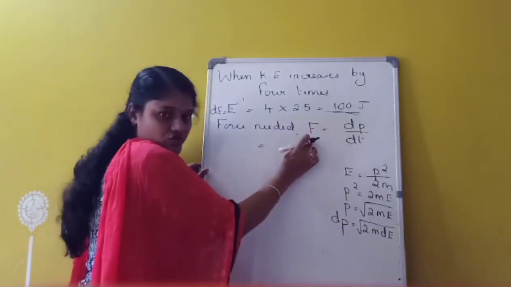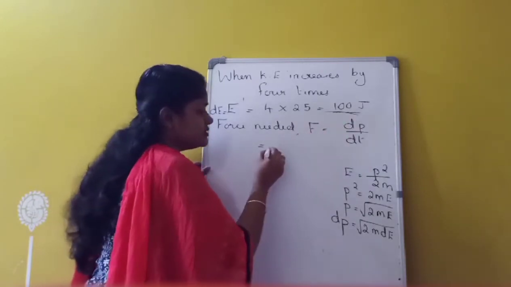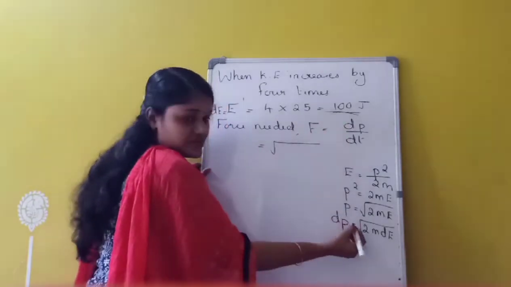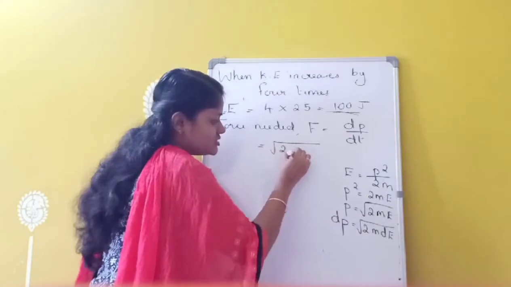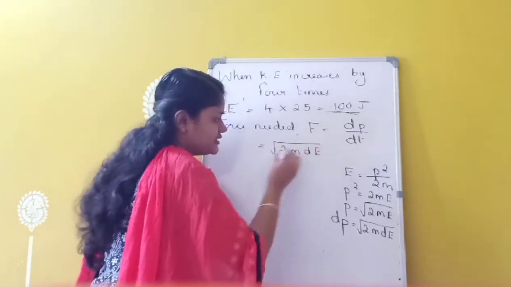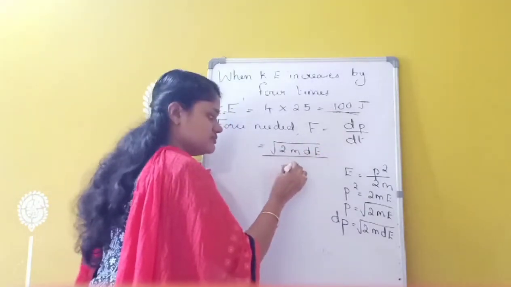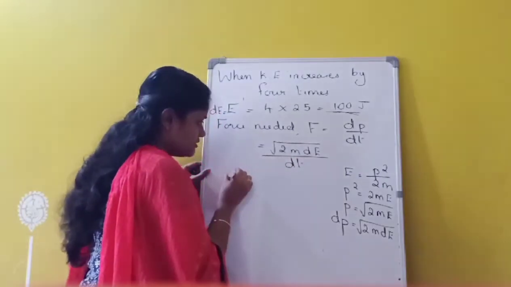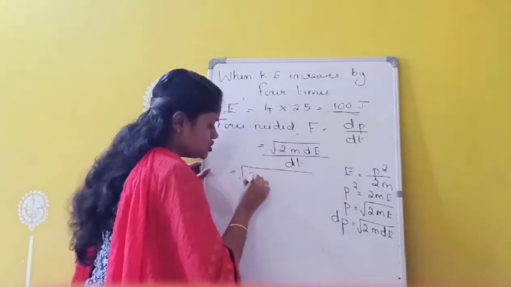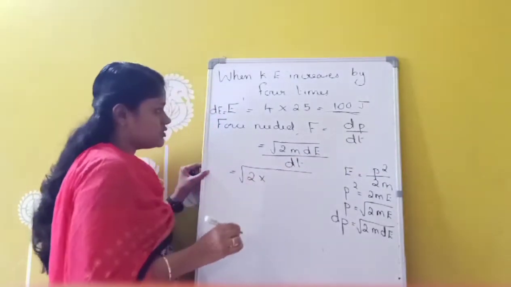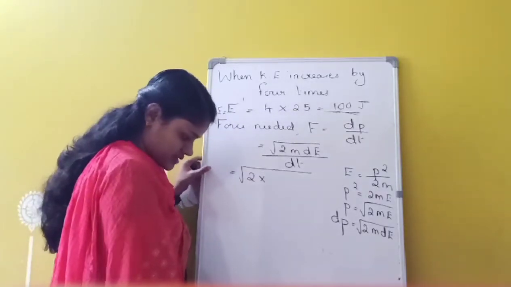So here, how will you find force? F equals dP by dt, that is root of 2m into the change in kinetic energy, dE, divided by time, dt. That is equivalent to root of 2 into mass, which we have already written, 2 kg.